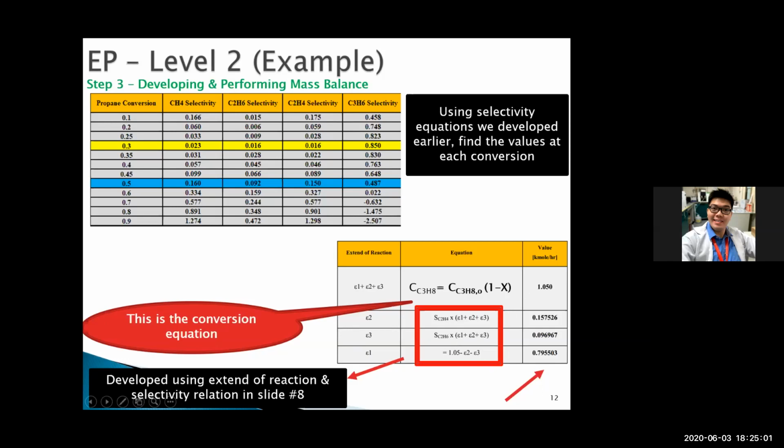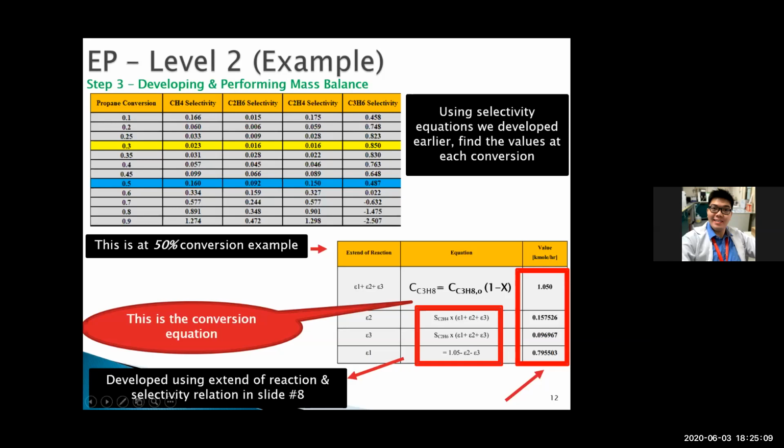From there, we can get the value for each extent of reaction. Now, the total of your extent of reaction here, E1 plus E2 plus E3, should be equal to your initial propane feed that is entering the reactor and exiting the distillation column. If it is equal, it means that your mass balance is okay.